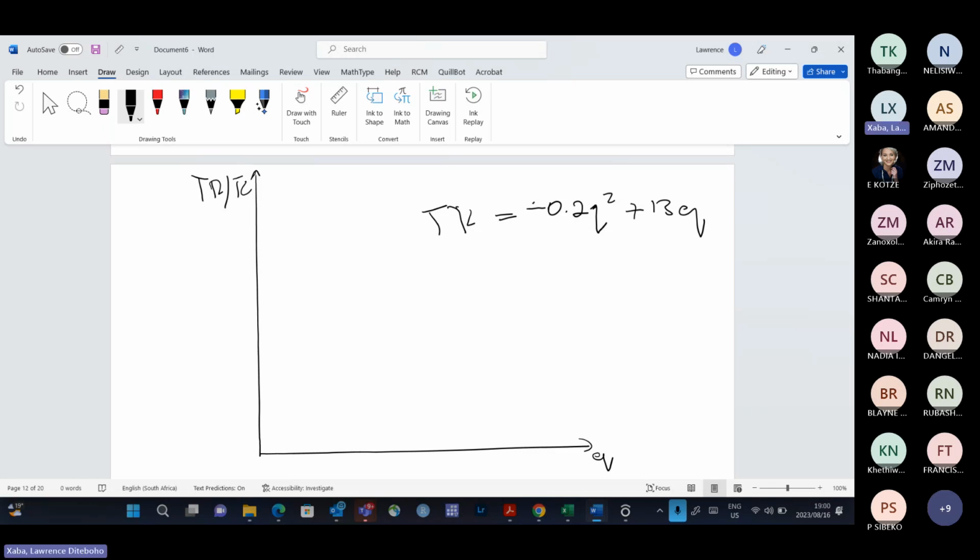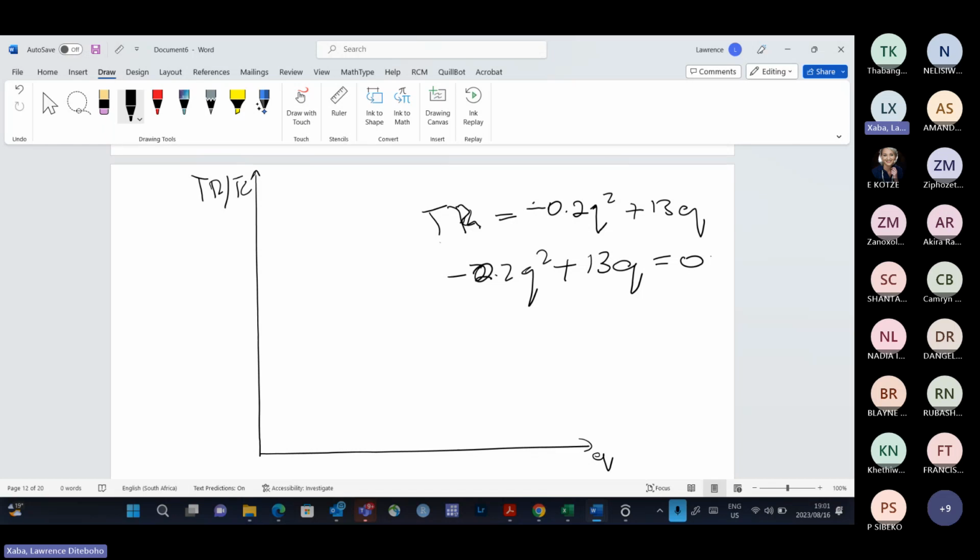For us to come up with our graph, let's equate this to 0. If we equate this to 0, we end up having negative 0.2 q squared plus 13q equals 0.